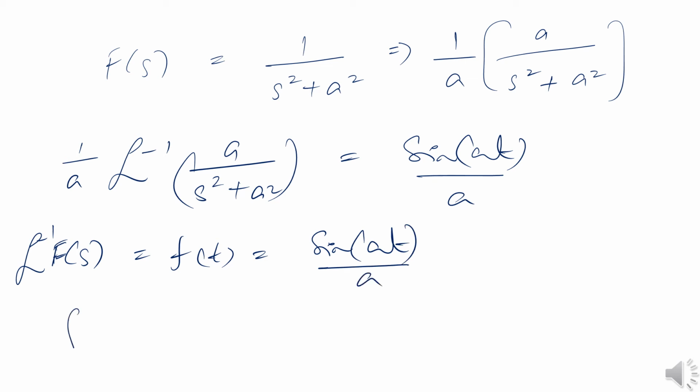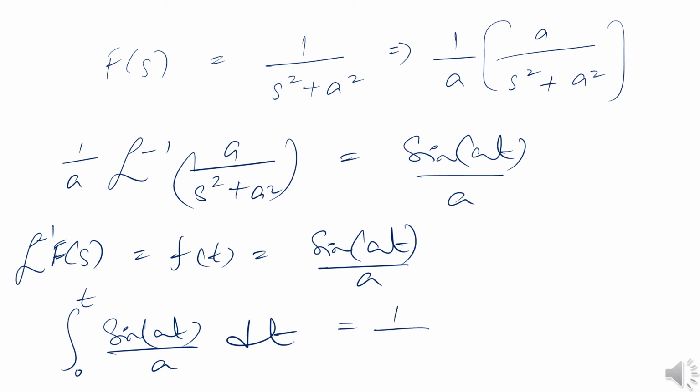Now I can integrate it from 0 to t, sine of a t divided by a dt, that is equal to 1 over a multiplied by negative cos of a t divided by a, with limits from 0 to t. I can take the negative sign outside, and inside the bracket I am left with cos a t, with limits from 0 to t.